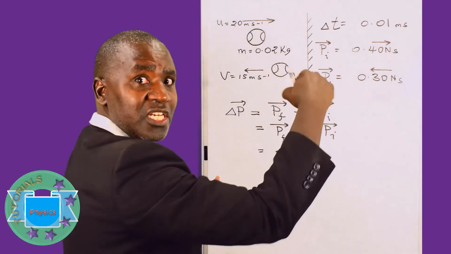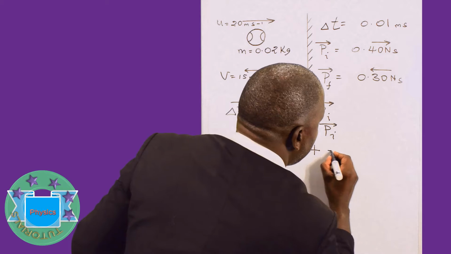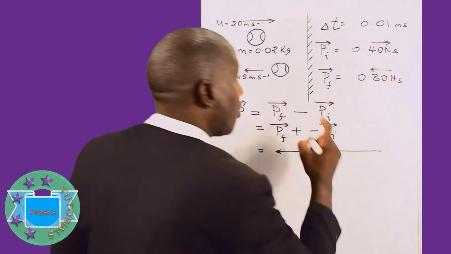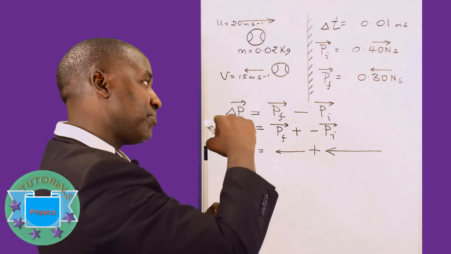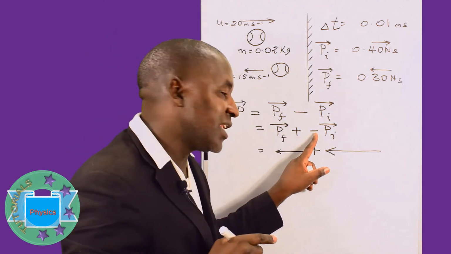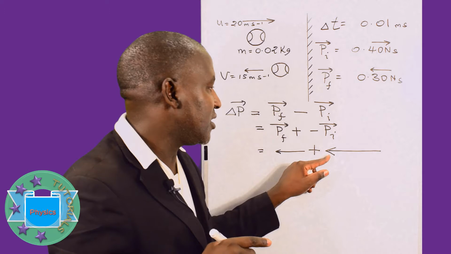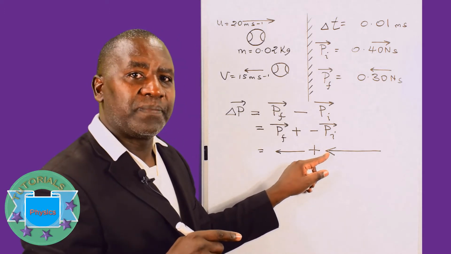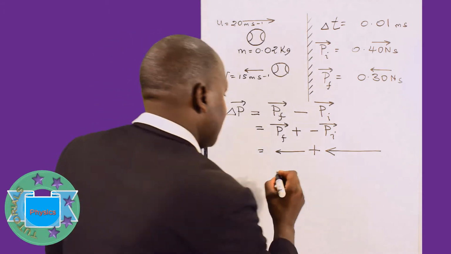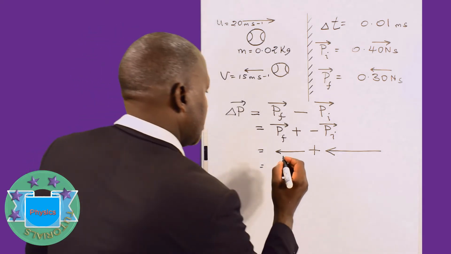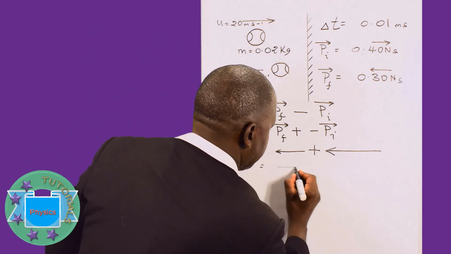I've got to change its direction so that it no longer points to the right, it must point to the left on account of this negative sign, so that that negative sign can be taken care of by this change in direction. And it's going to be very easy. So I'm going to start with this one here.